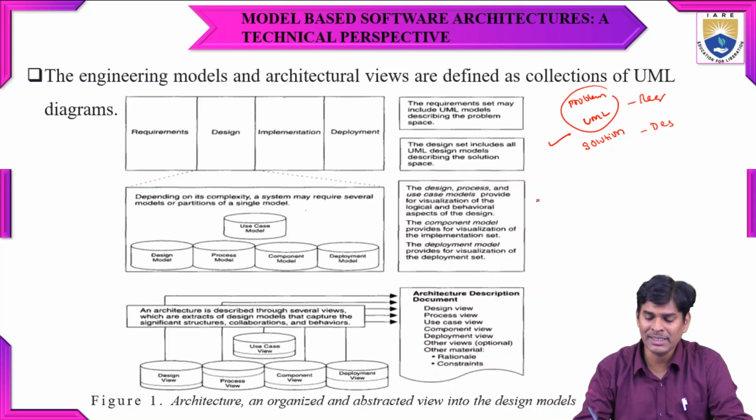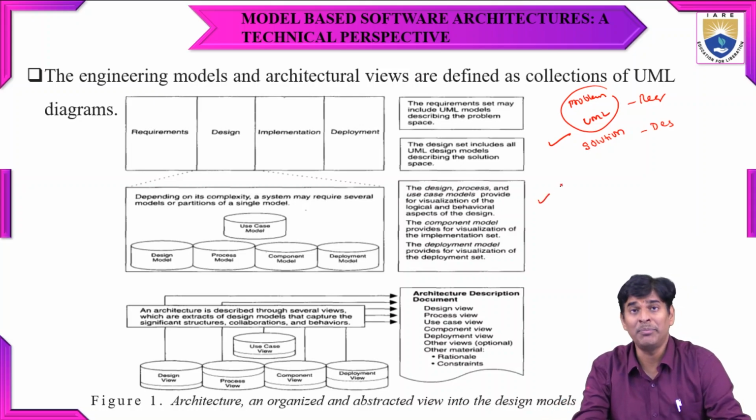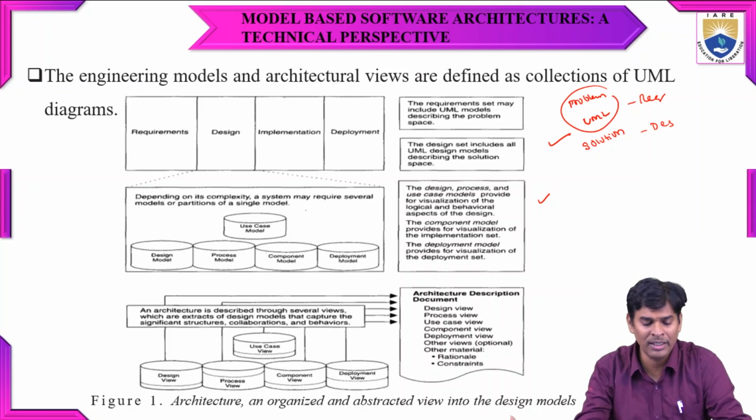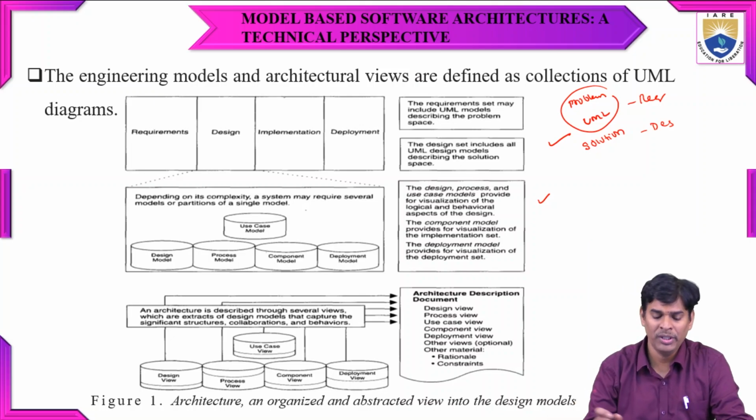And the next stage depends on the complexity. If the complexity is heavy, we need to divide the models or the partitions into a single module. So here it is divided into a use case model, design model, process model, component model, and deployment model.